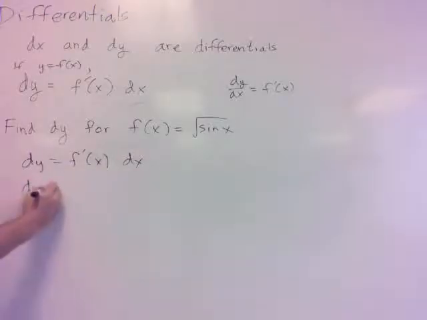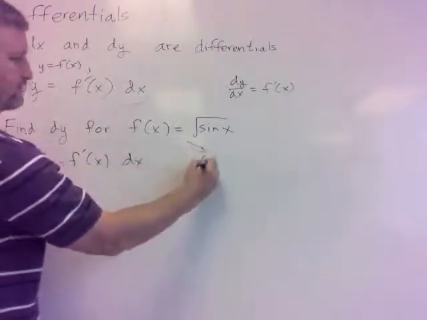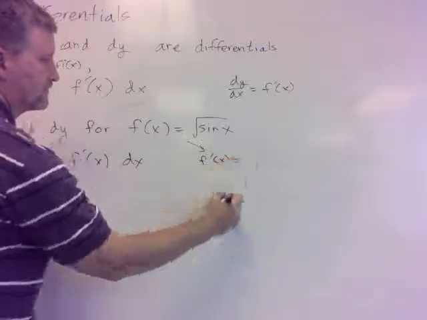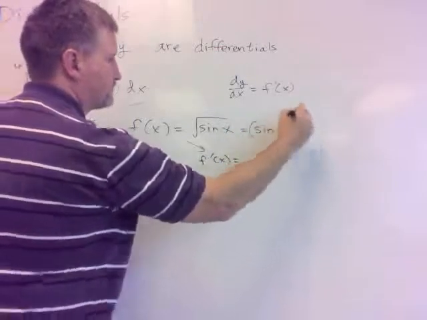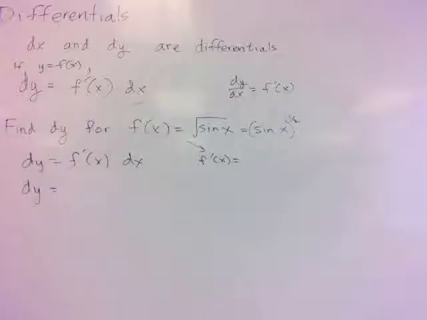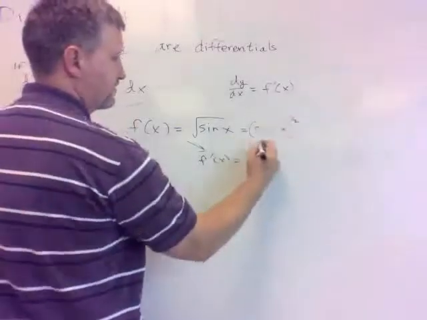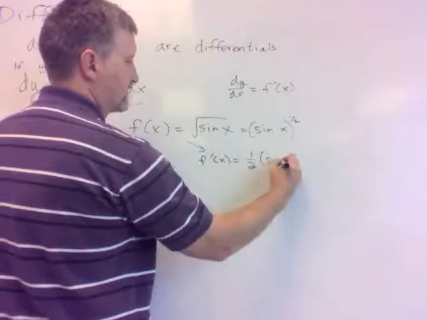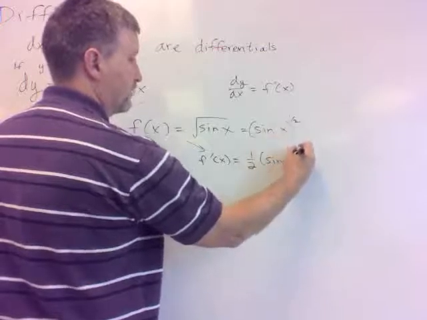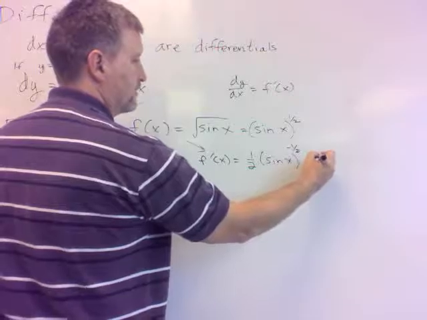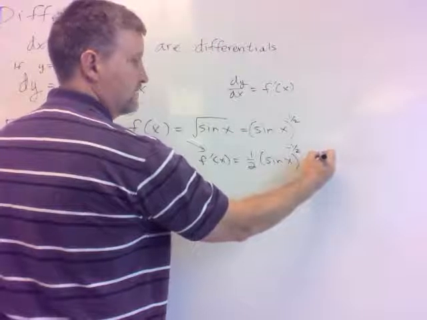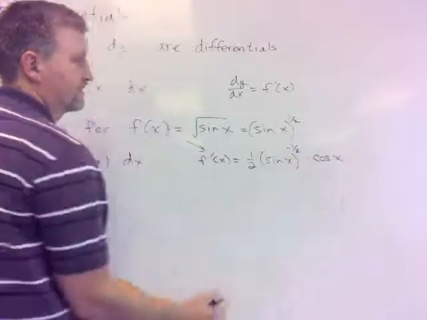So what is that in this case? Well, f prime, what is f prime? You might better say that's sine of x to the 1/2 power, right? Then use the chain rule. Chain rule says bring down the power. Sine of x to the 1/2 minus 1, so it'll be negative 1/2, times the derivative of the inside, cosine of x.